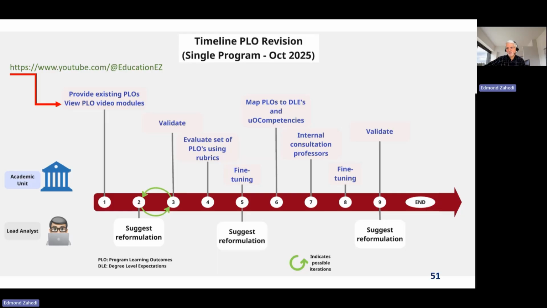And remember also that in phase 3, the next activity that we are going to have, which means the course PLO mapping, they are going to be in charge of deciding the IRA for each course. Long story short, internal consultation with professors is extremely important. If there is a change, we will do fine tuning, suggest reformulation, you have the final word, validation, end of story.